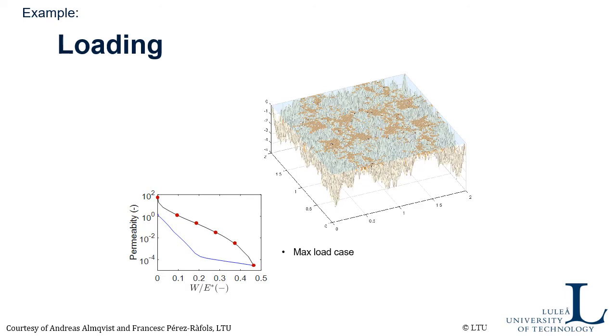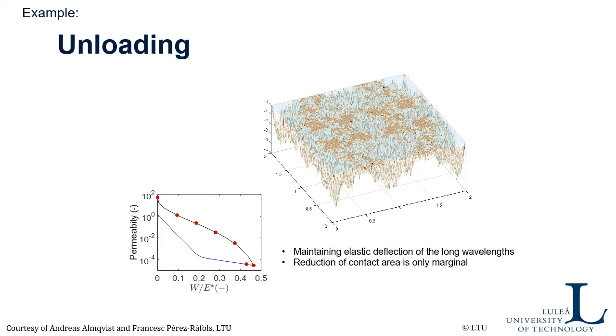Then when you release the load, you decrease the load. What is happening then? Well, when you start unloading the surface, you maintain the contact area pretty much, because the elastic deformation of the long wavelengths is kept, and it's only the shorter ones that are released.